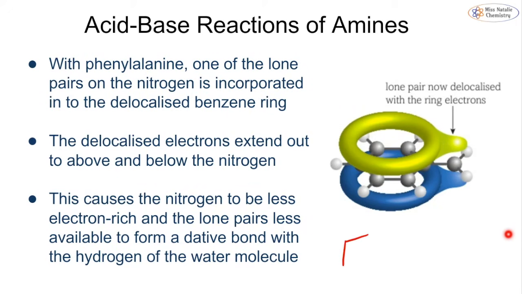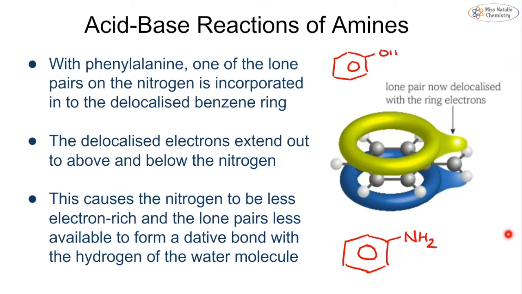Just to remind you of the structure of phenylamine, it is going to look like this. And it's actually similar to a structure that you have seen before, and that structure would be for phenol.